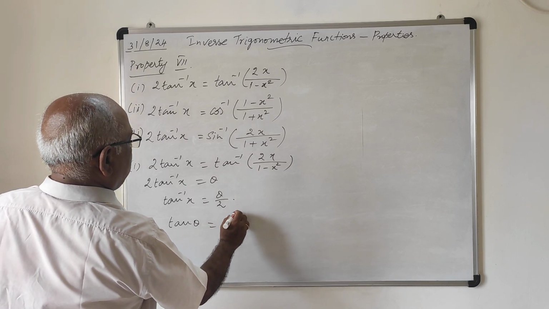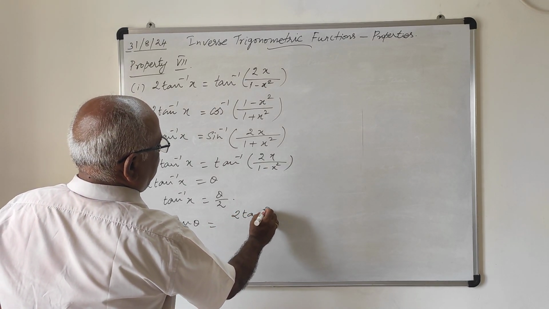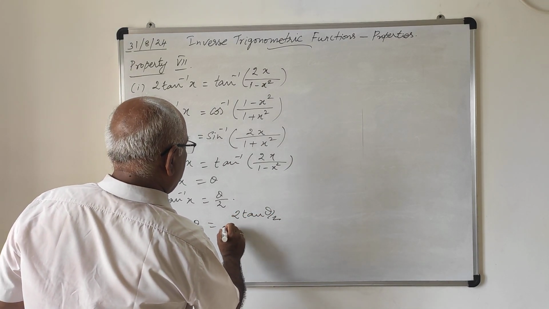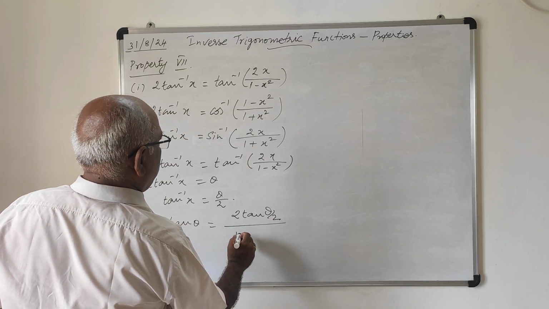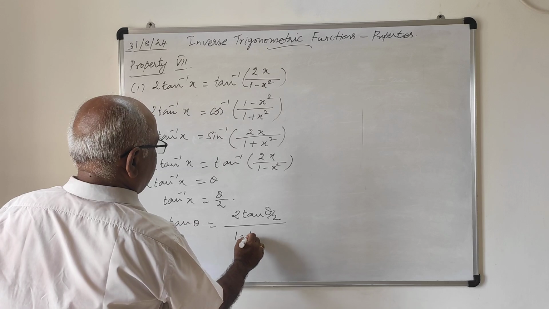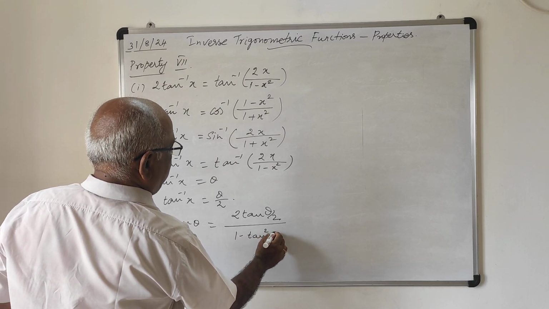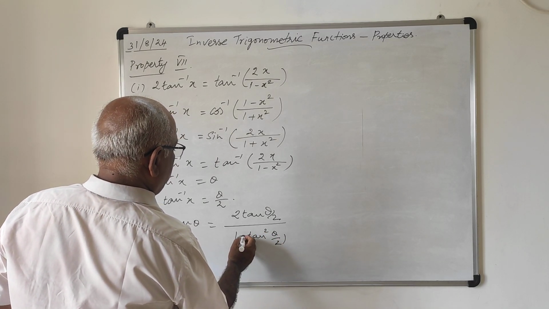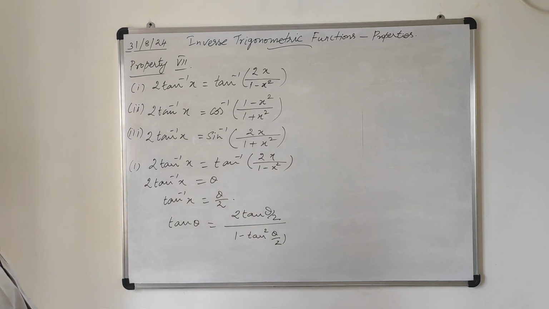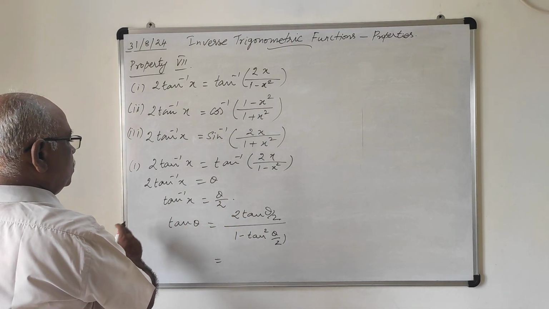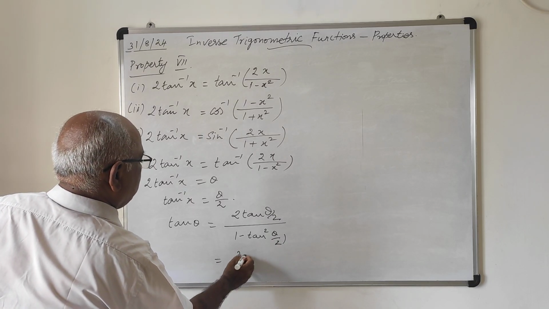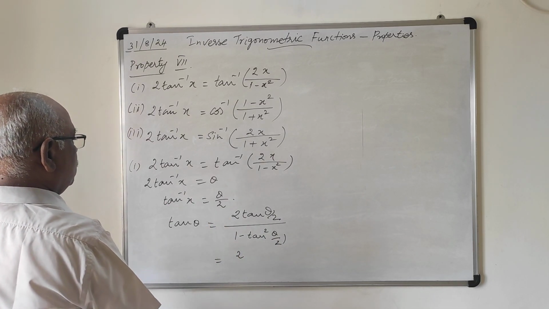Tan theta equal to 2 tan theta by 2 by 1 minus tan square theta by 2. This is the trigonometric result for tan theta. So that is equal to 2 tan theta by 2, 2 into tan theta by 2.